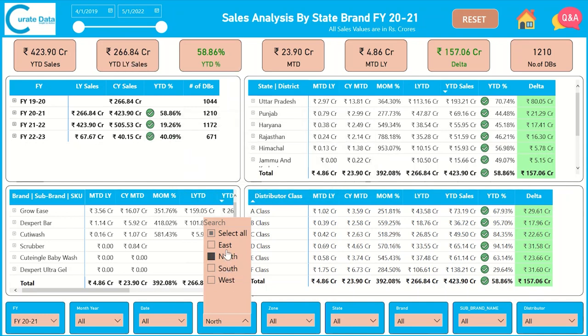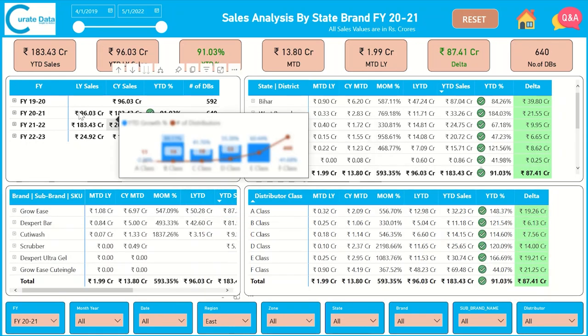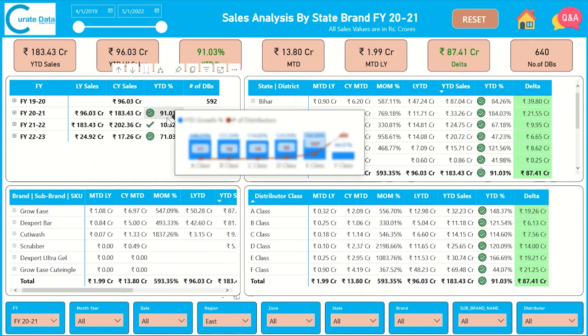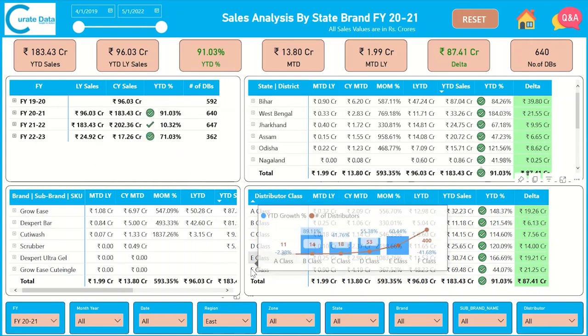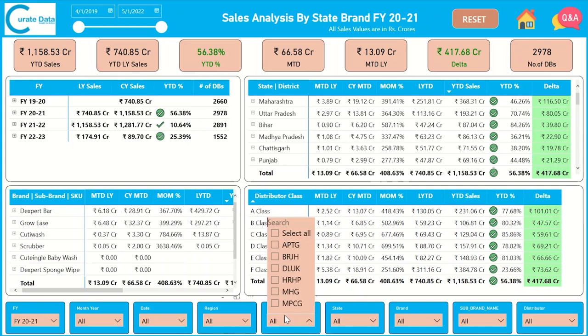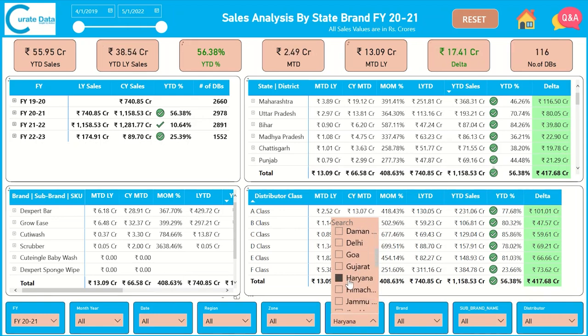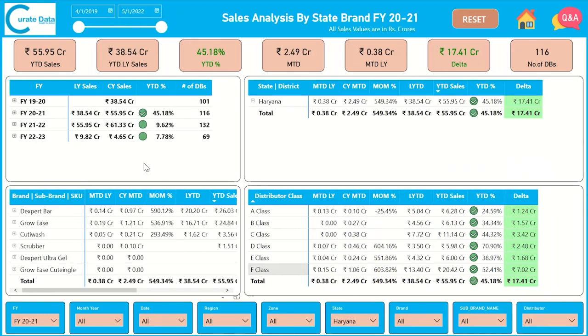So for example, if we select East region, East region is growing by 10% and in 2021 it grew by 91%. Right, so this is how we can analyze this zone wise as well, right? Then if you want to filter out for one particular state, let's say I want to analyze Haryana, then I can see for 21-22 the growth was actually 9.62%, right?